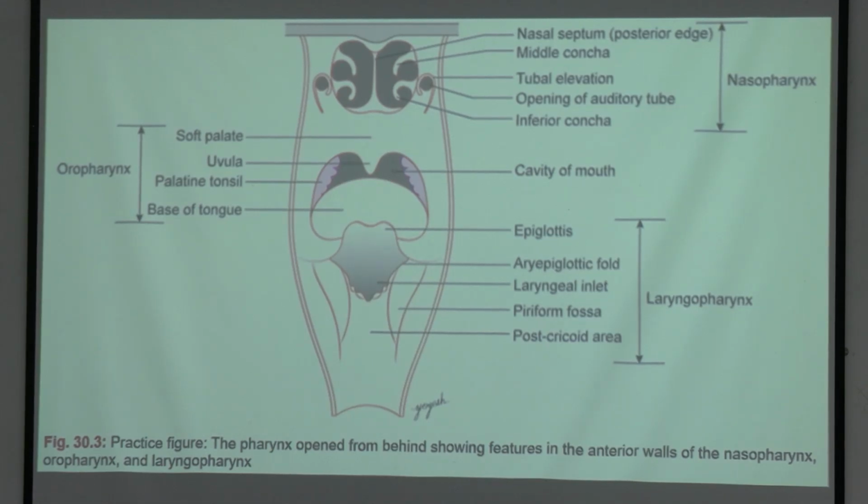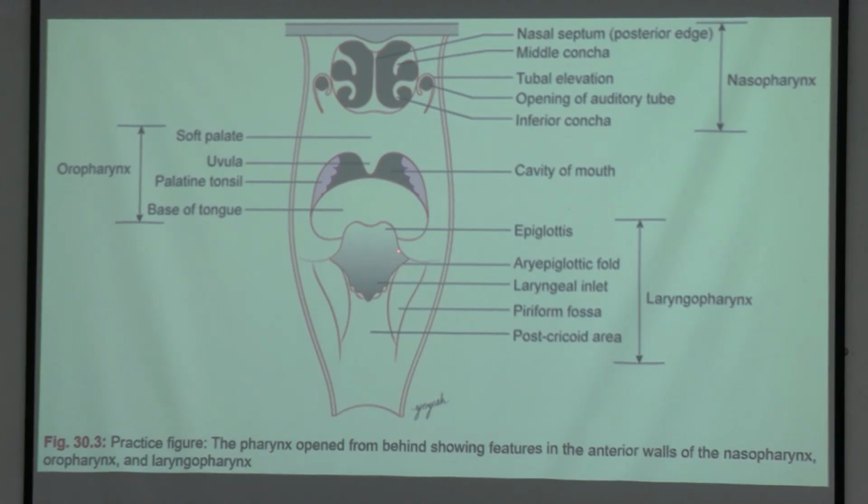So within the oropharynx, we can see the palatine tonsil, we can see the uvula, we can see the base of the tongue. So this base of the tongue forms the anterior limit, and the lower limit is contributed by the epiglottis, and we can find this is the laryngeal inlet.